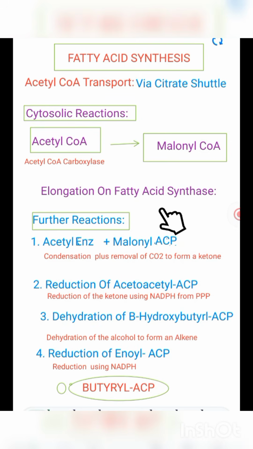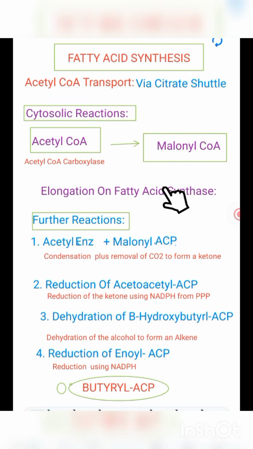So you're going to notice that in order to elongate the acetyl-CoA, you need a primer acetyl-CoA, which is going to sit, first of all, on the cysteine component, and then you're going to have a malonyl-CoA, which will be on the ACP component of the fatty acid synthase.